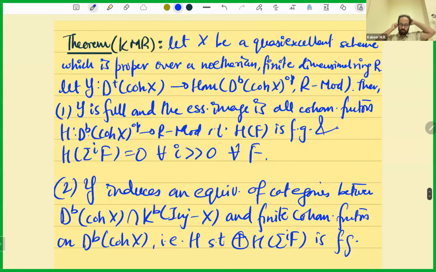So this is the main theorem for cohomological functors on the bounded derived category of coherent sheaves.